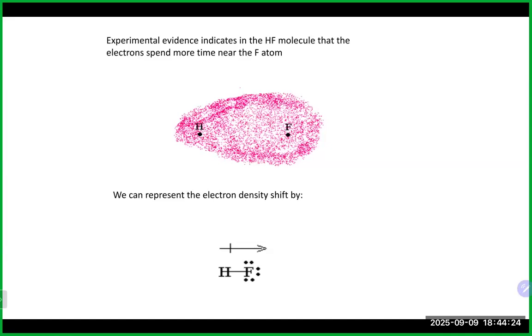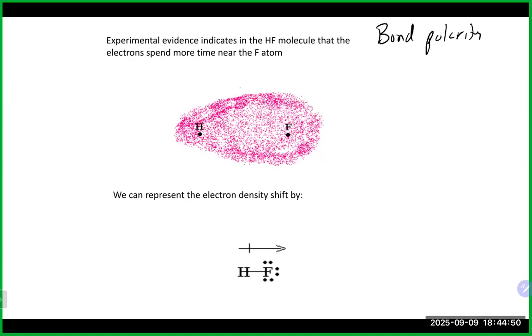So once again, in a polar covalent bond, we have that unequal sharing of electrons. And again, it really is electronegativity that helps us decide that. When we look at electronegativity differences to decide how electrons are going to be shared, or if they're going to be shared at all, that is what is sometimes referred to as looking at bond polarity.